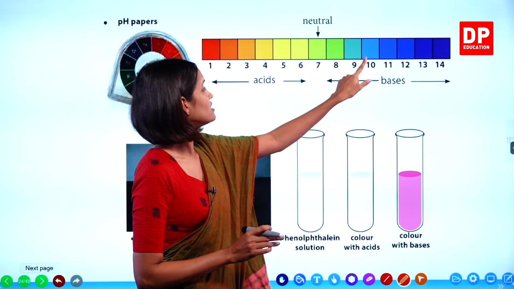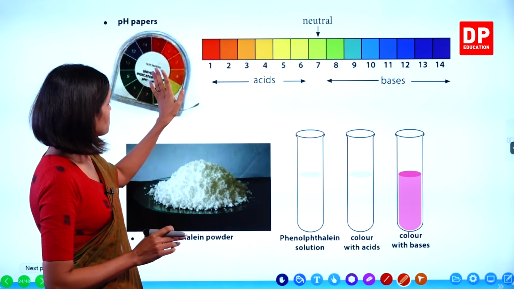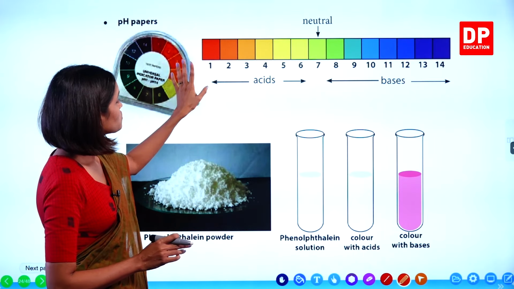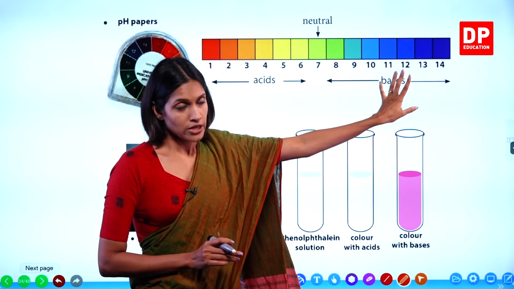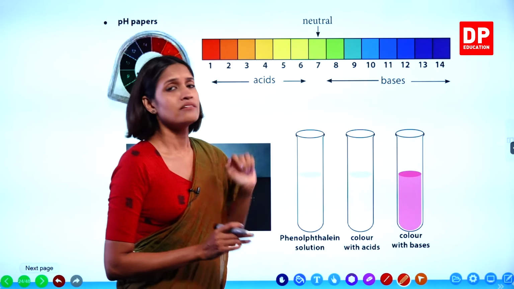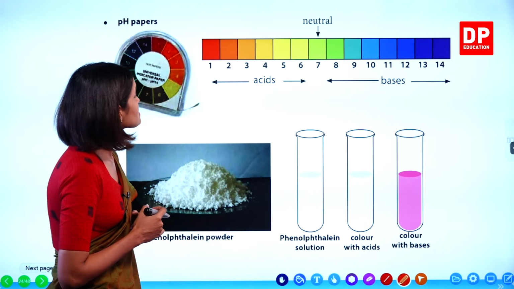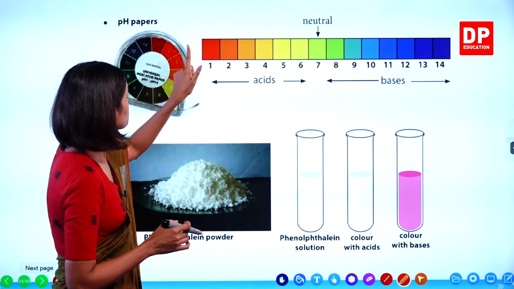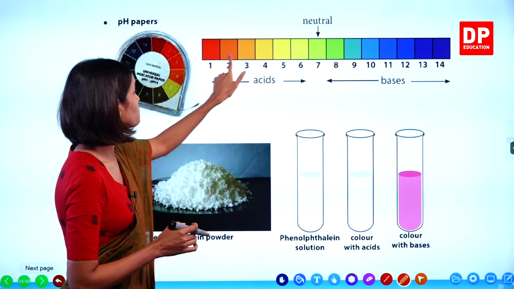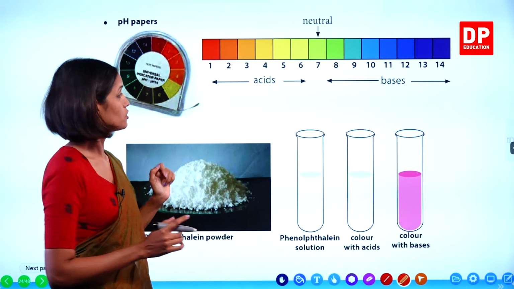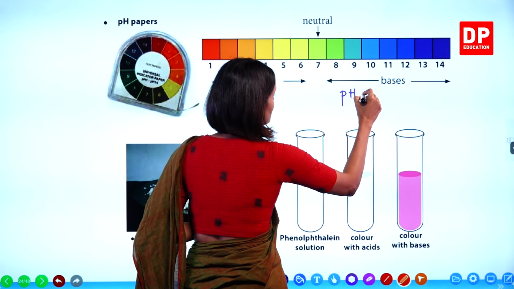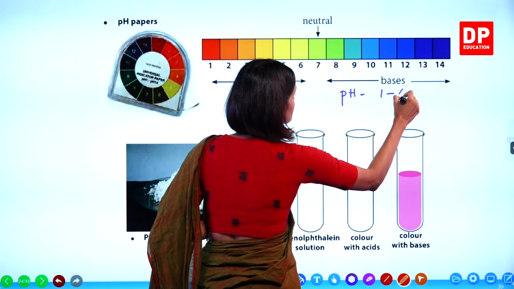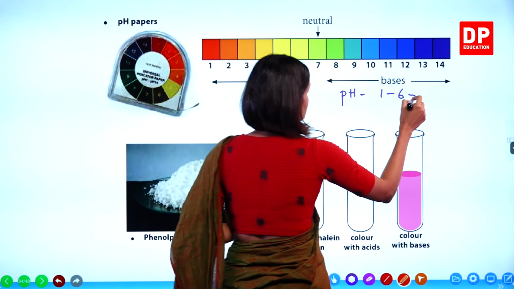This is that color code, children. Okay, you can see that color code is numbered from 1 to 14. Remember, acidic substances belong to pH 1 to pH 6. Okay, from pH 1 to 6, acids are indicated.